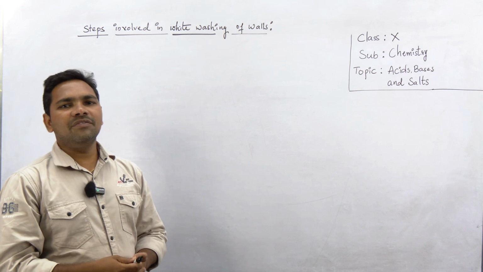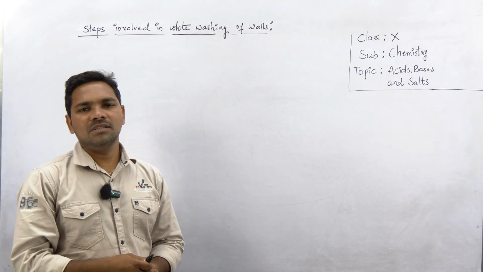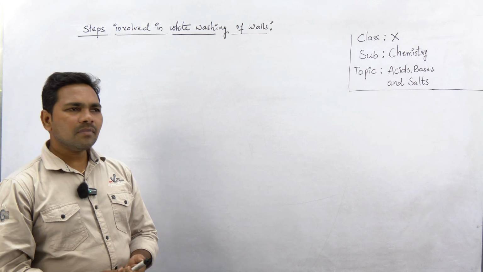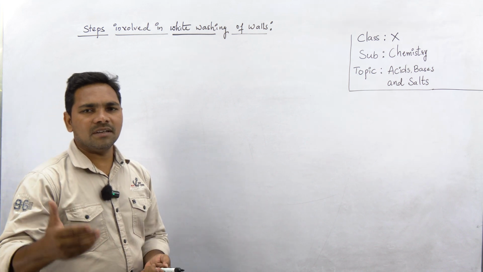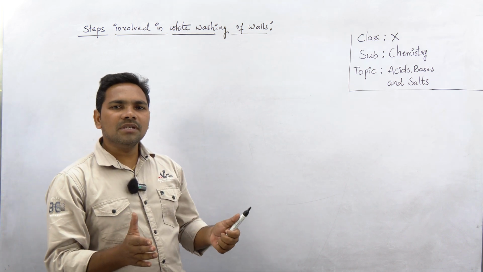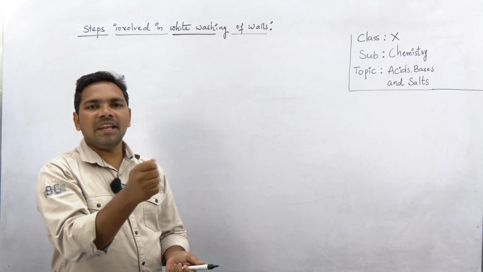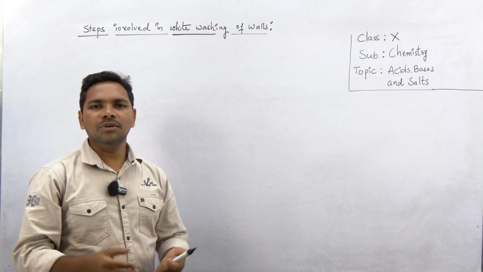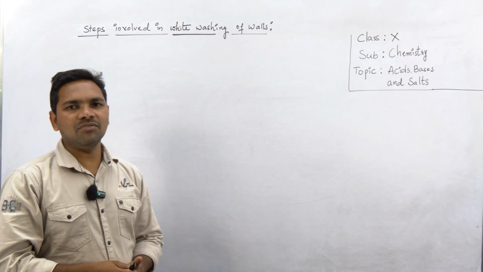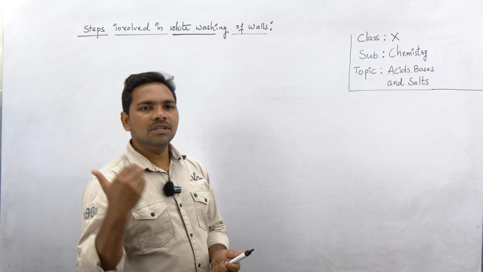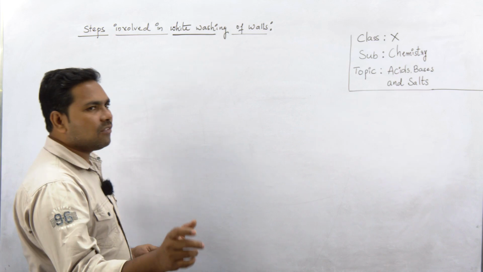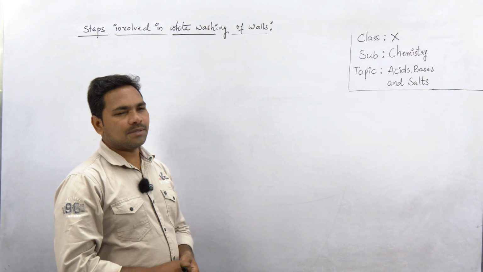But after a few hours, 5 to 6 hours, sometimes it takes even 1 day, that dull grayish color turns into very milky white, very bright white, shining walls. This is one of the frequently asked questions for board exams, right?